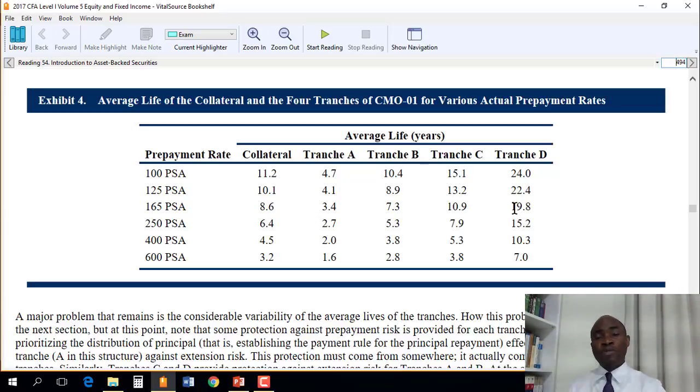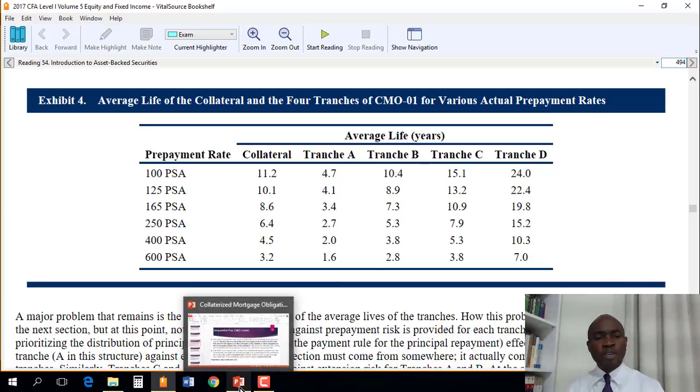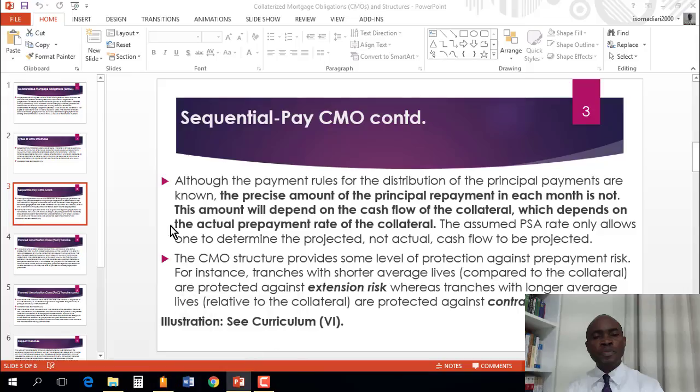These 2 tranches are exposed to extension risk, but they are protected against contraction risk. And that protection comes from who? Tranches A and B. So this is the idea behind creating a sequential pay tranche. You are basically managing either extension risk or contraction risk. Now, A and B are exposed to contraction risk. C and D are exposed to what? Extension risk. But they are protected against contraction risk, whereas these guys are protected against extension risk. This is the beauty of sequential pay tranche and securitization.